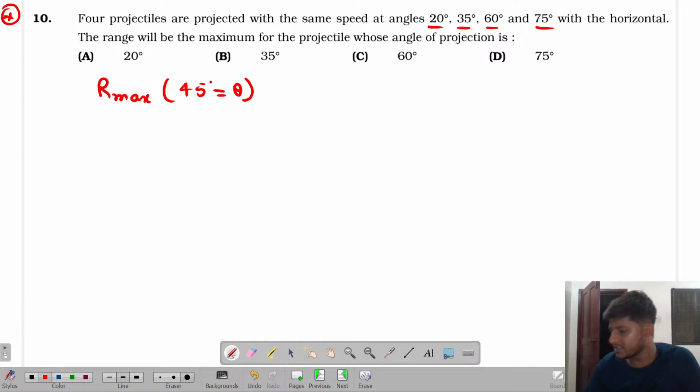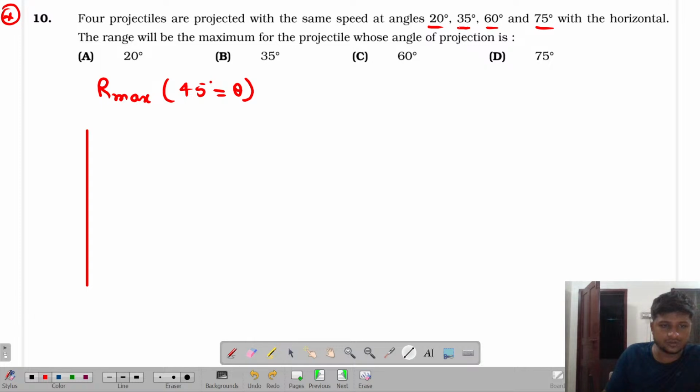Tell me, who will tell? Maximum is basically at how much? 45. So if I go above 45, the range will start decreasing. I'll draw this diagram to show you.